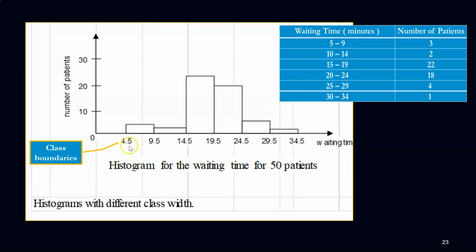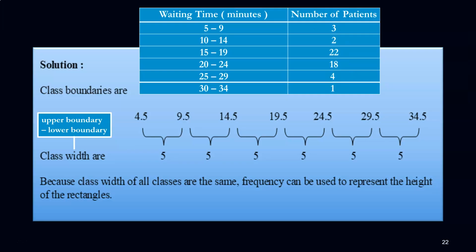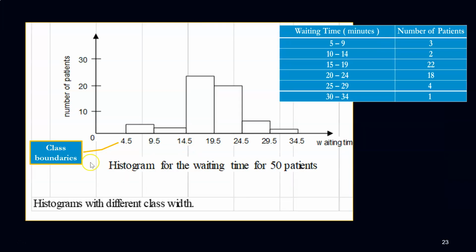Histogram dia guna class boundaries. Your x-axis is going to be the class boundaries. Dia punya x-axis. So, class boundaries yang kita cari tadi ni lah. 4.5, 9.5. Semua ada 0.5 because boundaries. Okay. So, 4.5 until 9.5, you have 3.